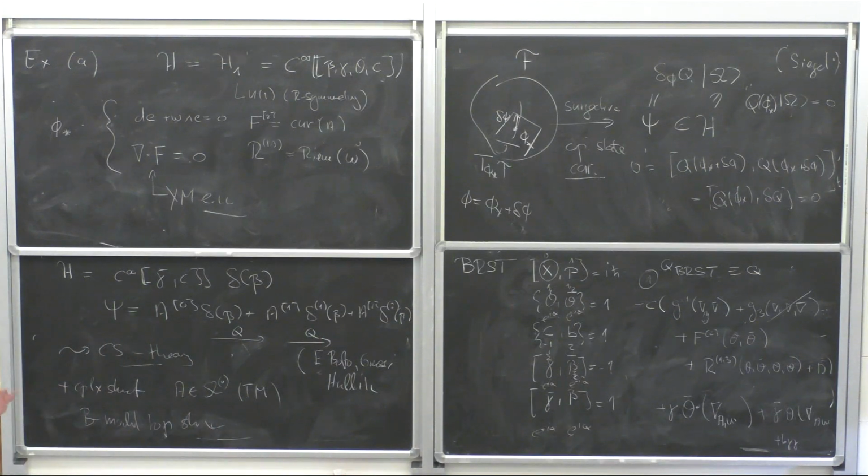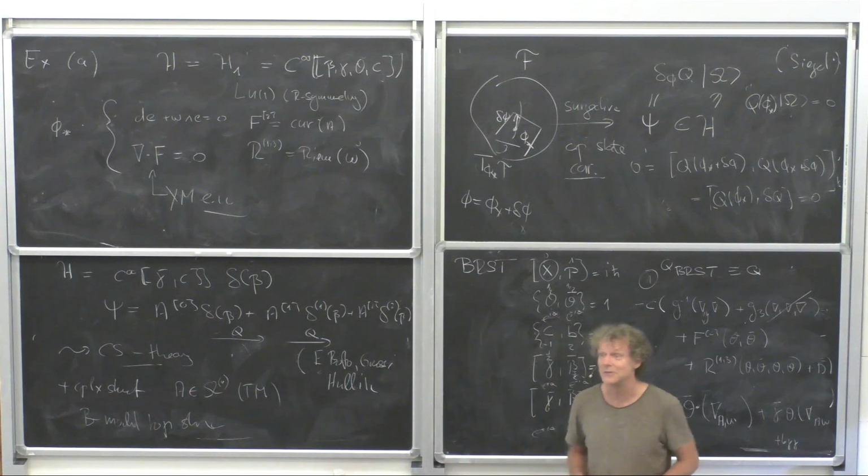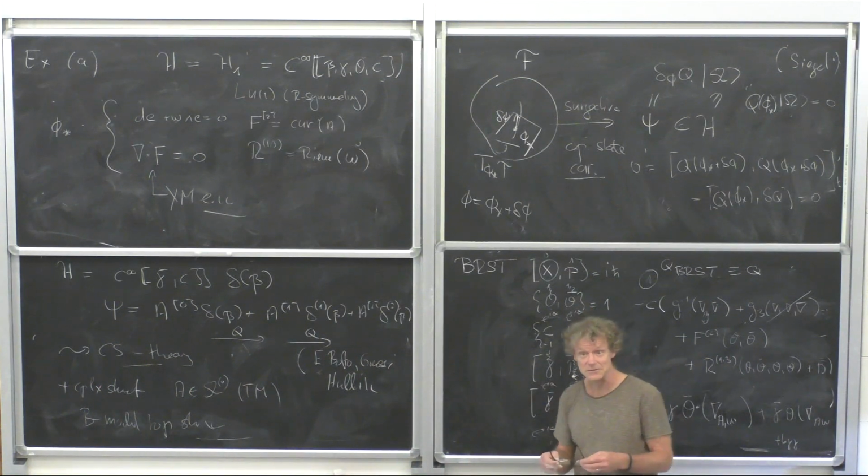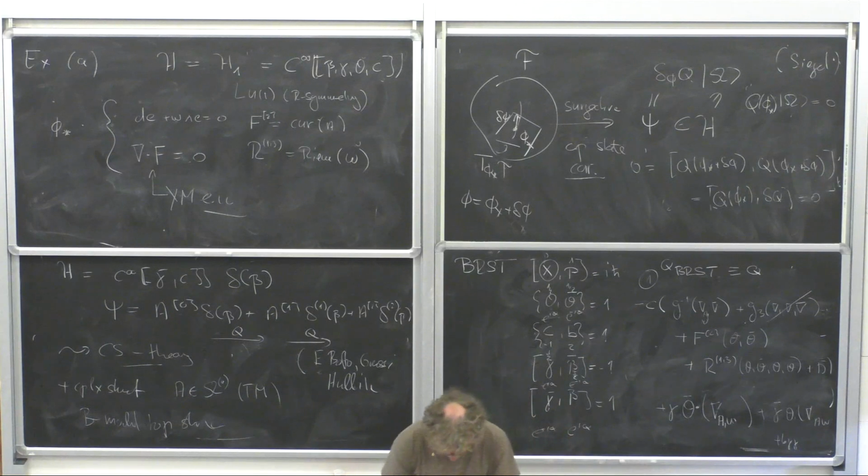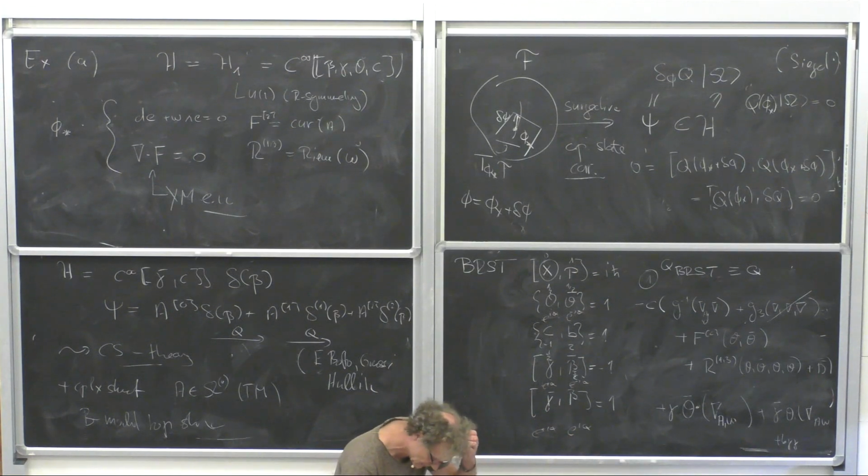That's not too surprising, because the B-model is really a point particle model. It's not really a string theory because of localization. So in a way, I'm not too surprised. But this is another application of this formula.